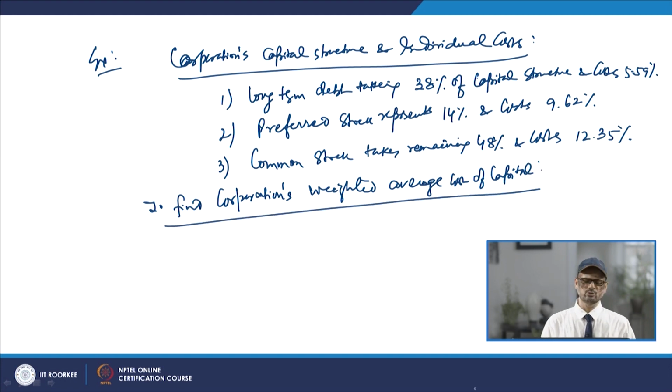So, if you try to find this corporation's weighted average cost of capital, you can have a table. What you see is that long term debt takes 38% of the capital structure and costs about 5.59%. Similarly, preferred stock is 14% and costs 9.62%.